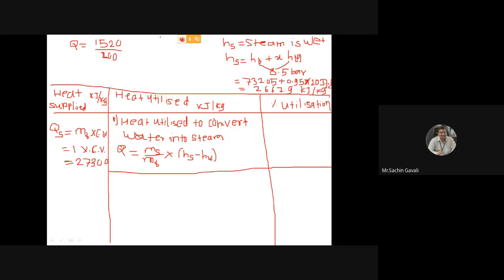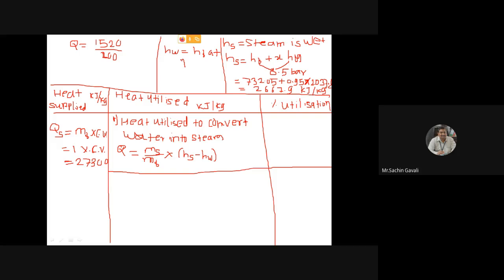Then also we have to find out the value of HW. What is the HW value? HW is equal to HF at feed water temperature.